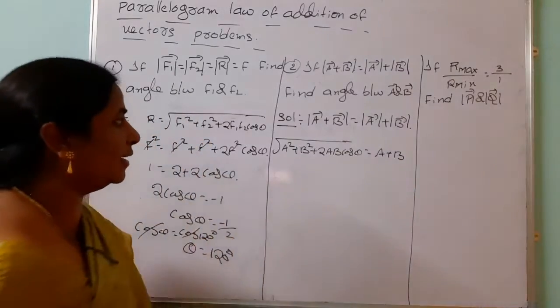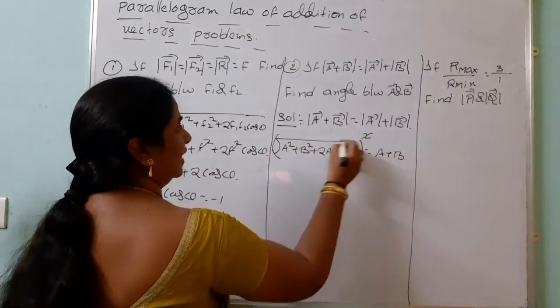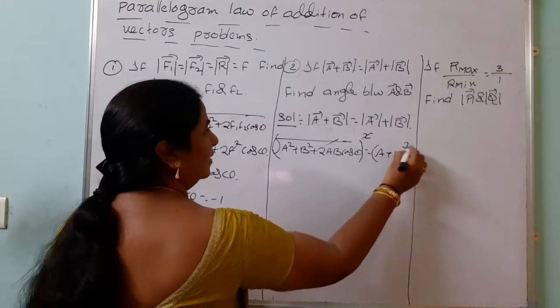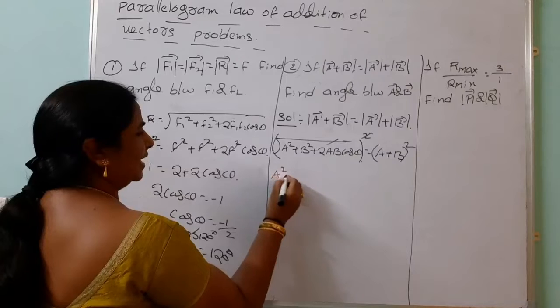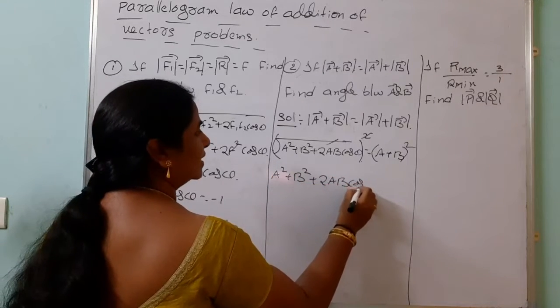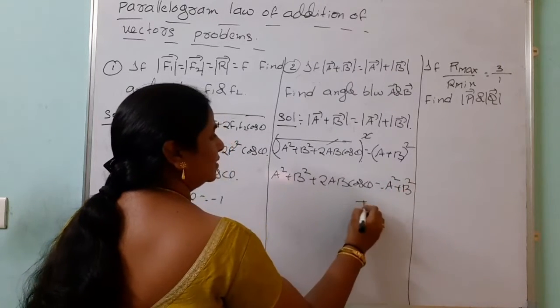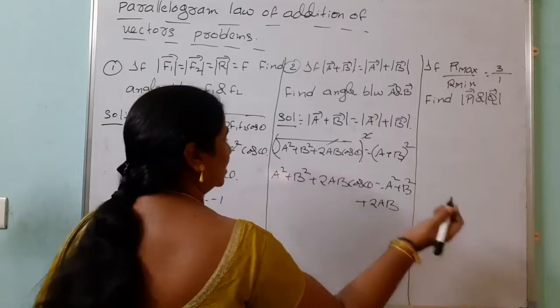Then we take both sides square. On this side the square and under root cancel. So A square plus B square plus 2AB cos theta equals A square plus B square plus 2AB, using the A plus B whole square formula.